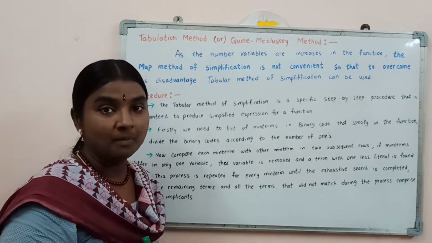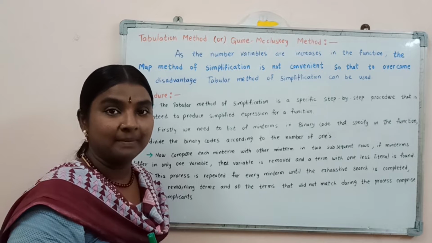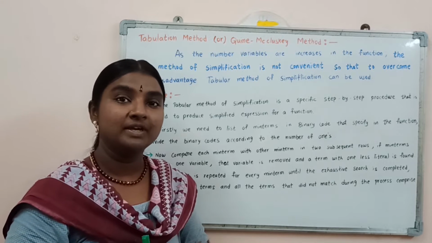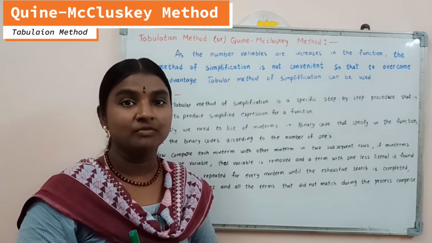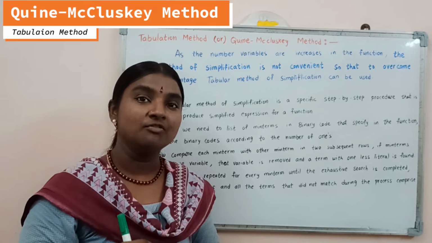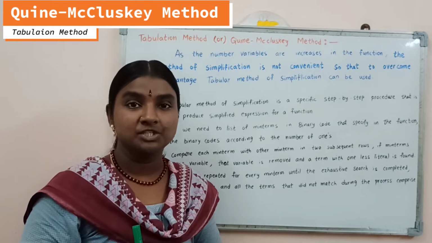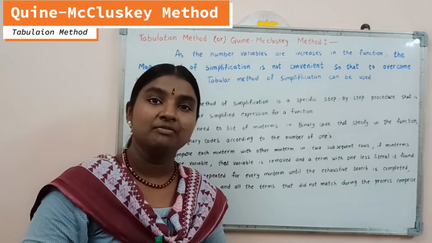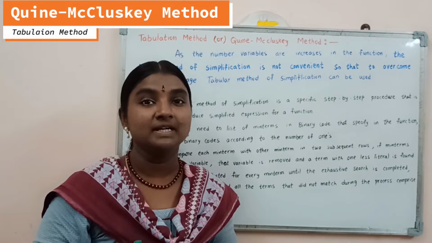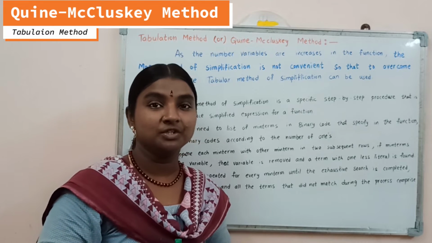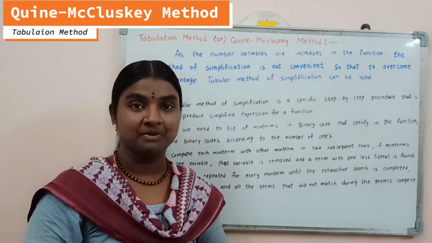The main drawback of the Karnaugh map is that when the number of variables is more than 5 or 6, the Karnaugh map method is very tough for finding a simplified Boolean function. So to overcome that disadvantage, we are going to use the tabular method of simplification.